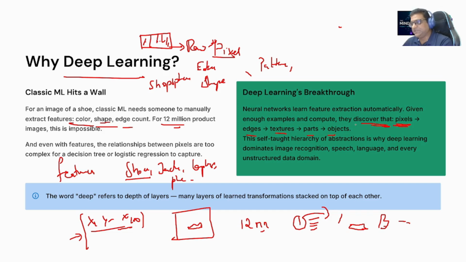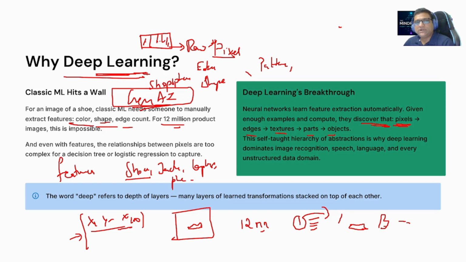Start from the pixel and then edge, shape or texture, different parts, right? That's the reason this is very important and it dominates. You have image recognition, speech recognition, language understanding, recommendation systems, and of course, very importantly these days, Gen AI. Everything comes under deep learning.